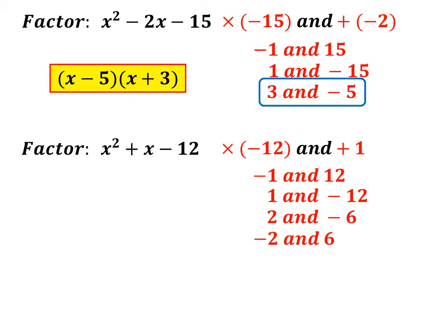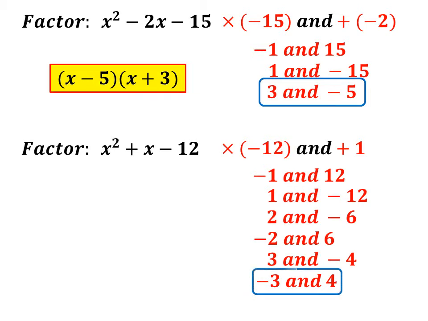Negative 2 times 6 is negative 12, but negative 2 plus 6 is positive 4. 3 times negative 4 is negative 12, but 3 plus negative 4 is negative 1, and I'm looking for positive 1.